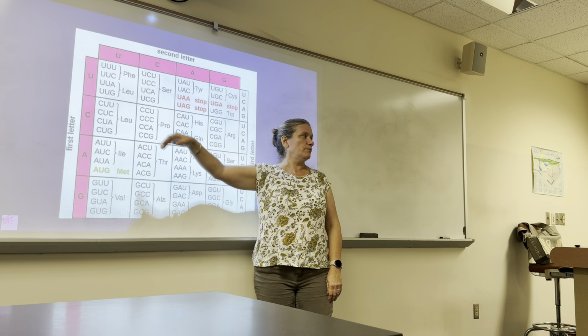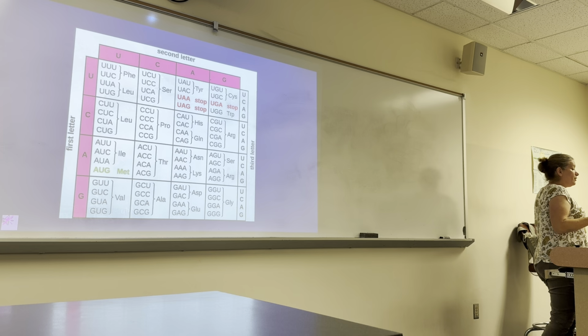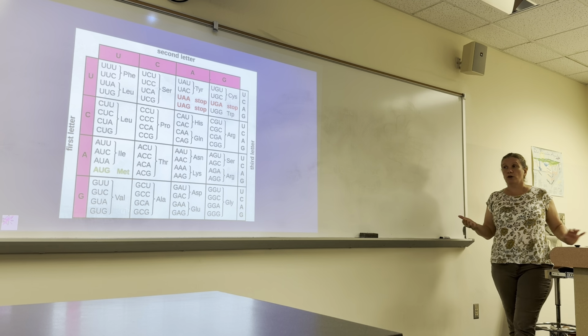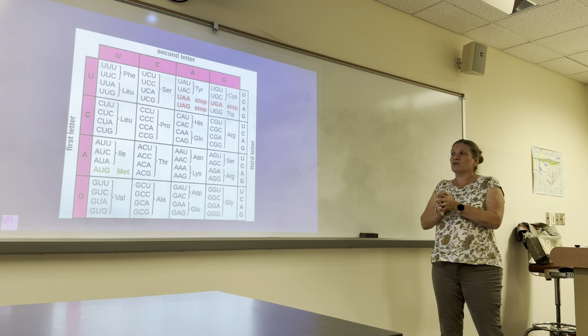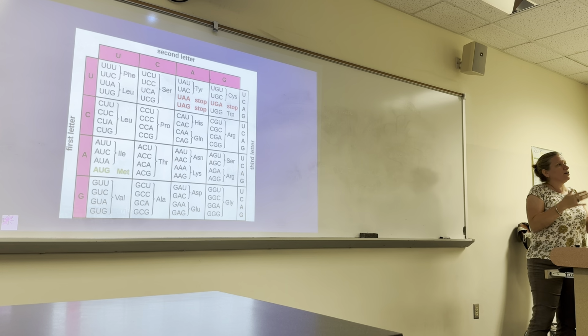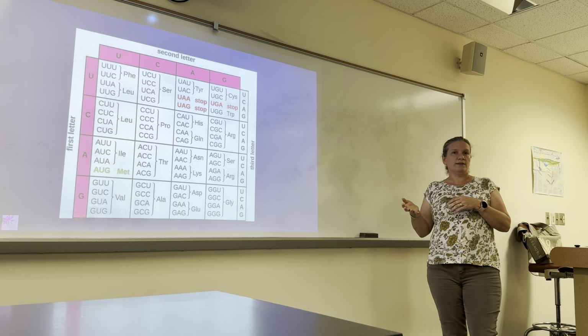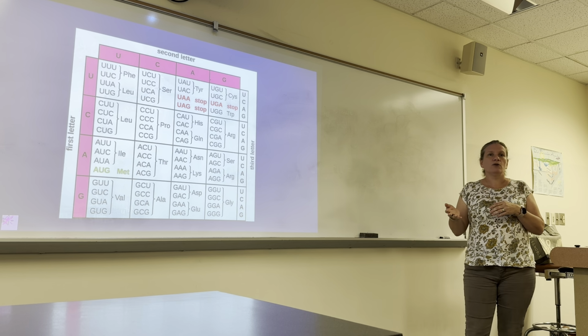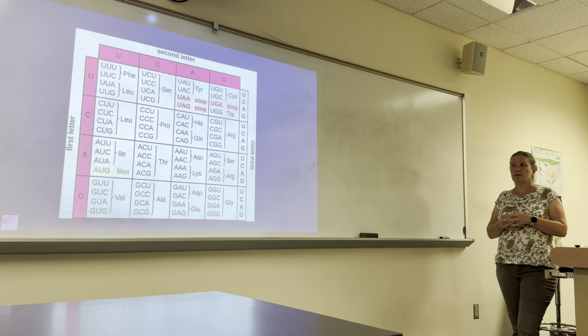Since the codon consists of three nucleotides, that means we have 64 options of codons, but we only have 20 amino acids. So more than one codon is going to give us the same amino acid.